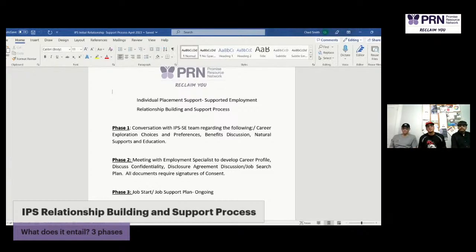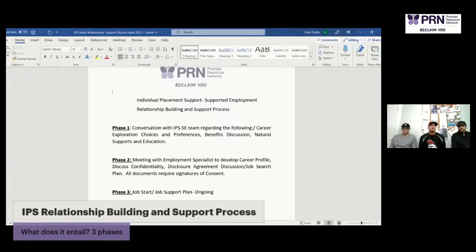During that initial phase, we have the opportunity to explore what he or she is interested in as far as their career and what choices they want to make. There are different industries out there: hospitality, construction, customer service, many different types of employment industries to choose from. However, we take that time to gain insight into what you are interested in and what your preferences are.